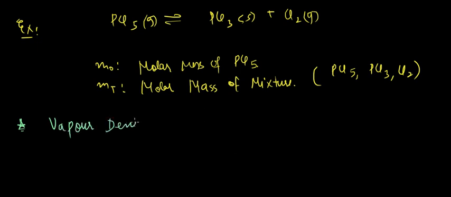So vapor density is defined mathematically as molar mass divided by 2.